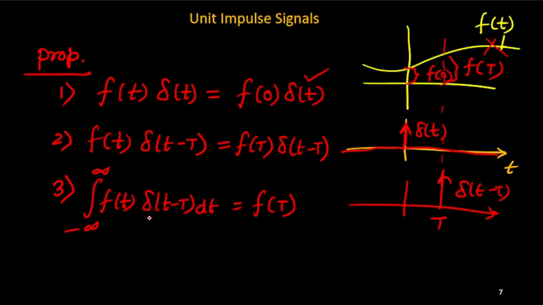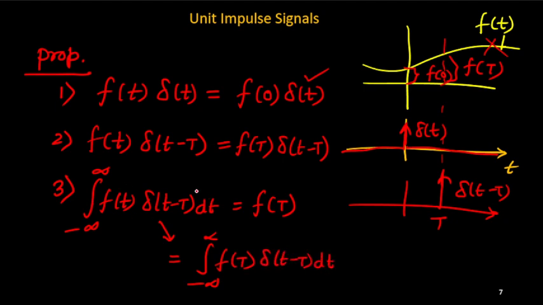I have already said that I can first write this as an integration from minus infinity to infinity. I can replace this product by only f of capital T and then del of t minus capital T dt.